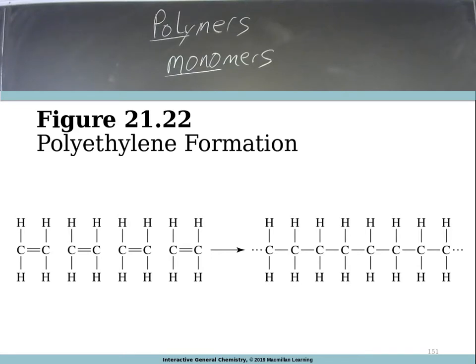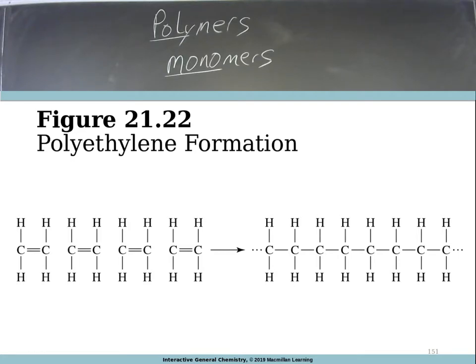But suffice it to say that the electrons which make up the pi bond, the pi component of each of those double bonds, those electrons are going to form new covalent bonds between the carbons, between the monomers.